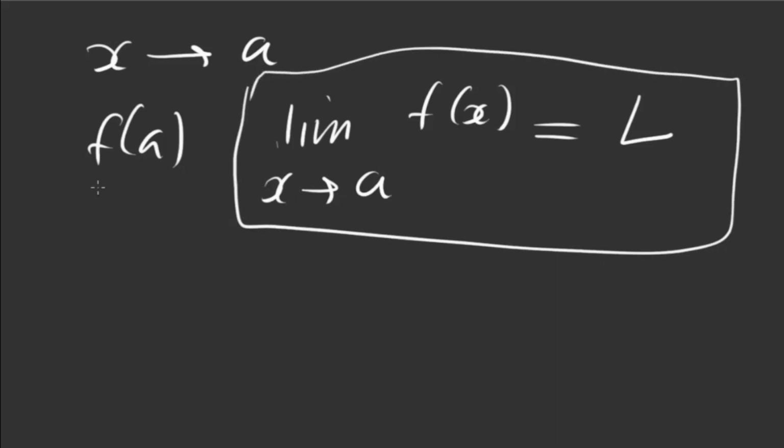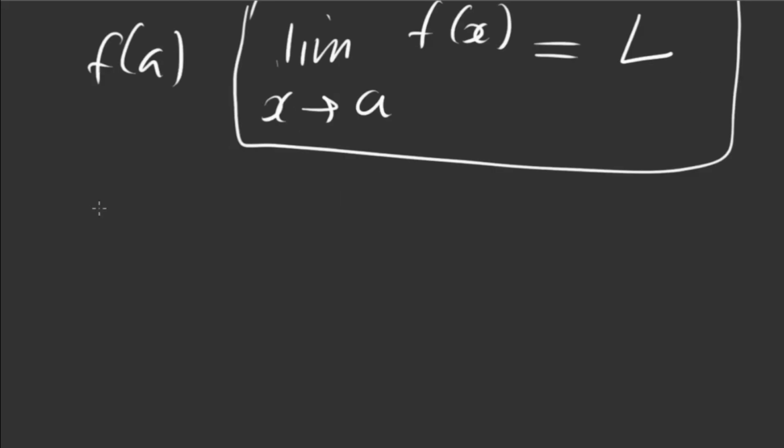Now, friends, I think you now know what the limit is. So let's go deeper into this subject. There are what we call the properties of limits, which you need to know.